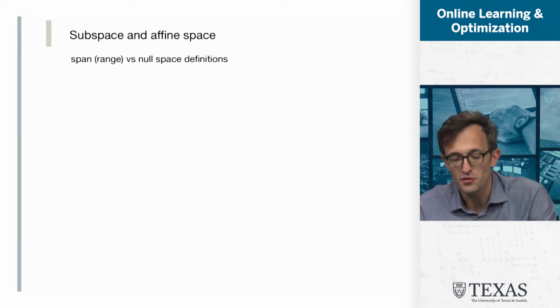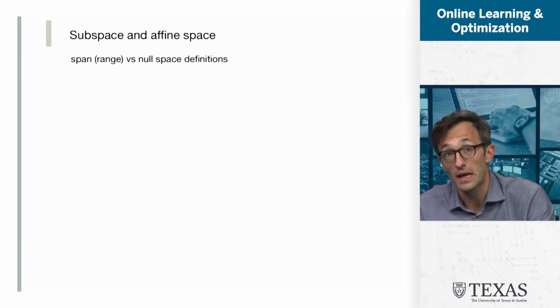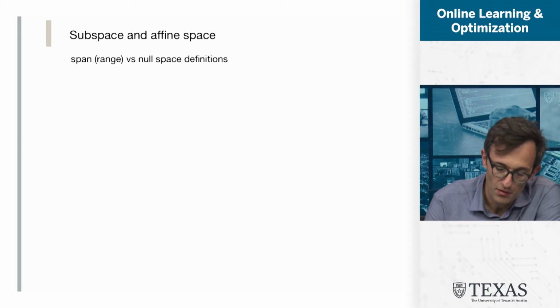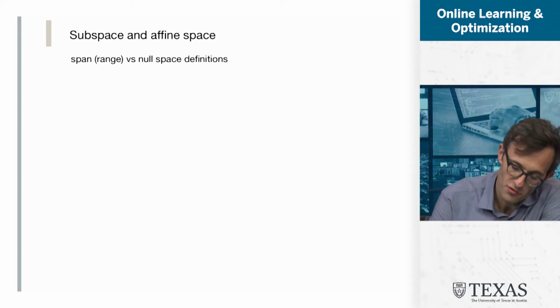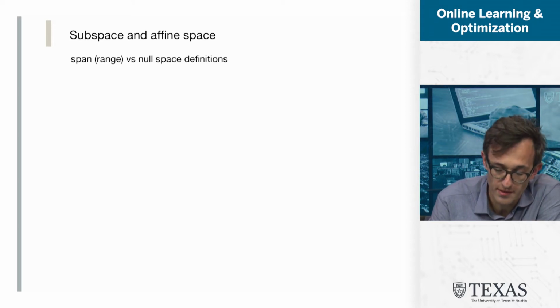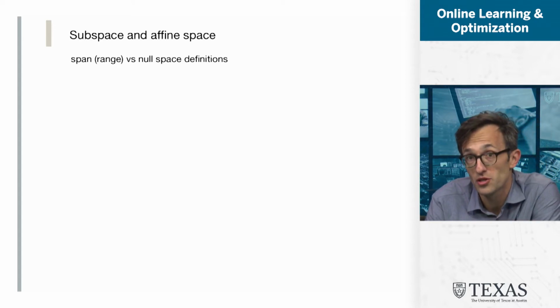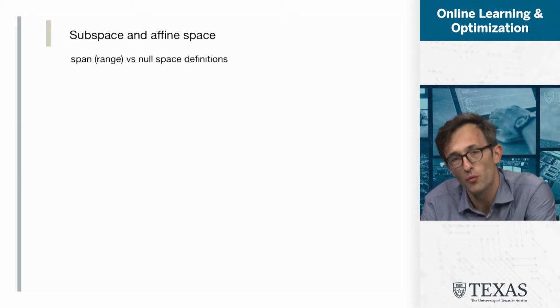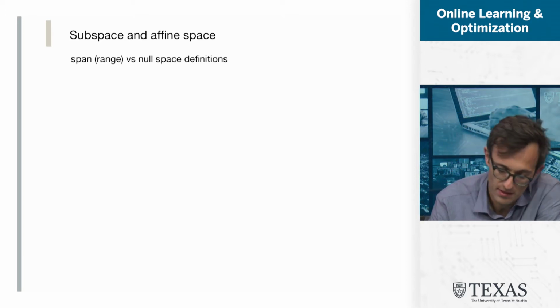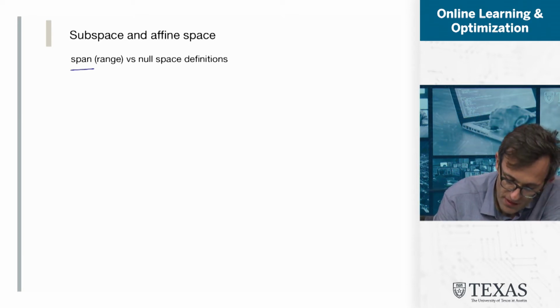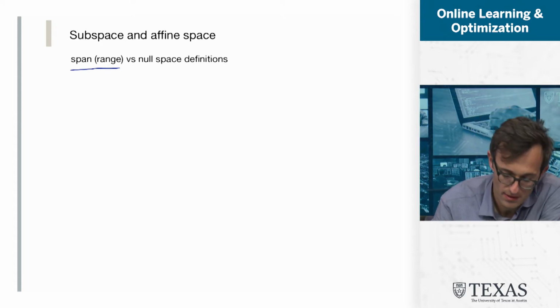I'm going to define a few convex sets that we're going to be needing a lot. A subspace, if you recall, is the set of points that are closed under addition and scaling. But there are several ways that we can define a subspace. Let's first define it as the span.